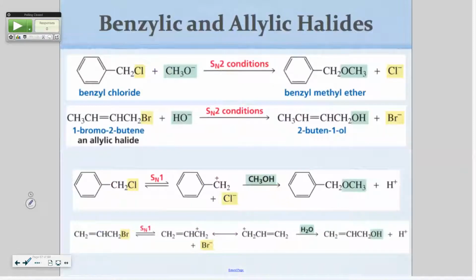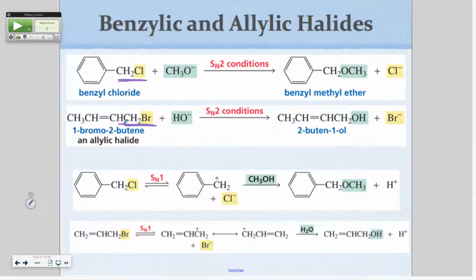Okay, benzylic and allylic halide. So here's a benzylic halide. You'll see that the alkyl halide is on the carbon next to the benzene. Okay, here is allylic. Where did we see allylic stuff before? NBS, free radical, okay.